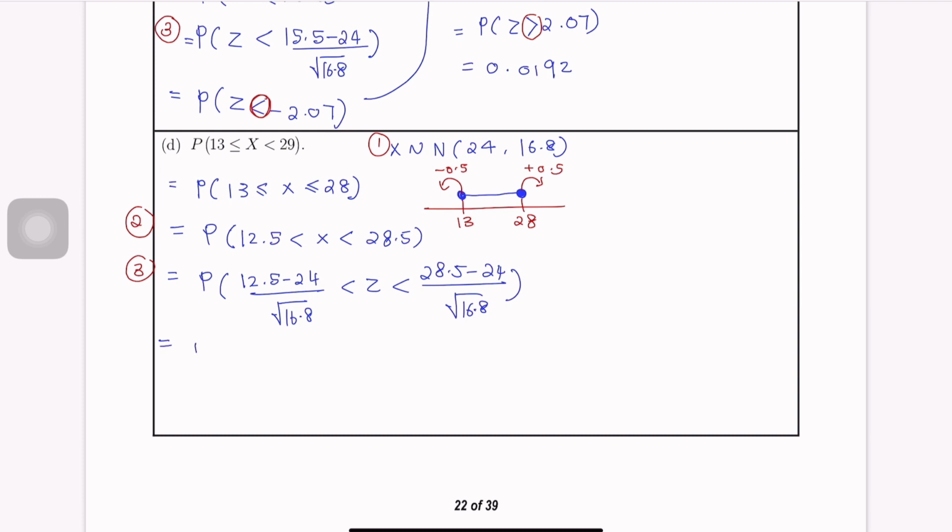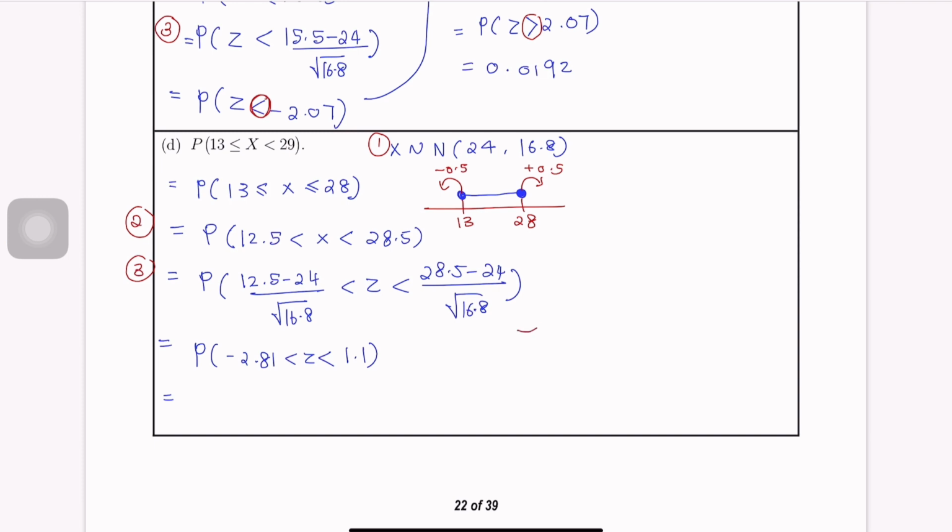So that we have Z between negative 2.81 and 1.1.